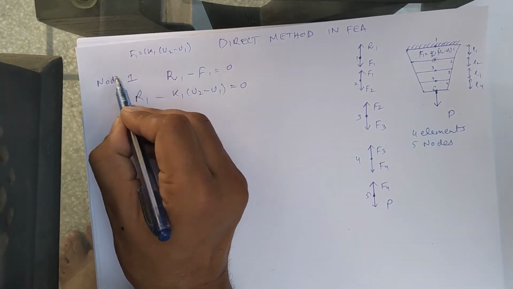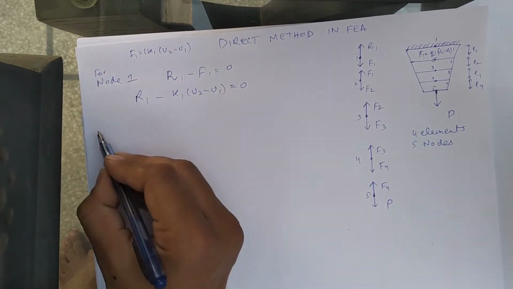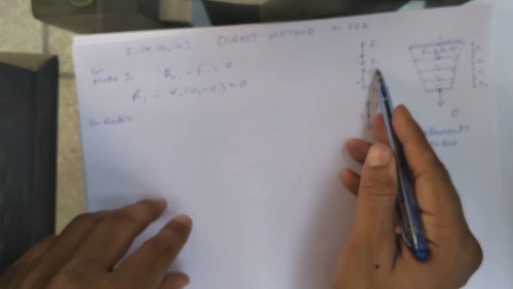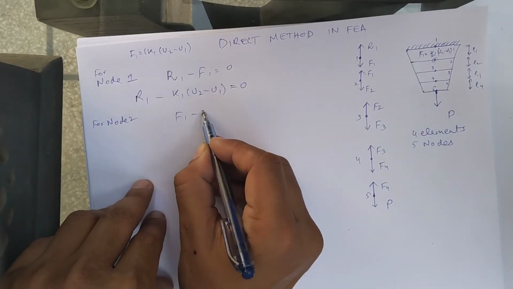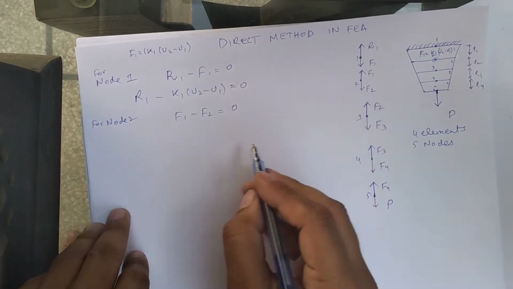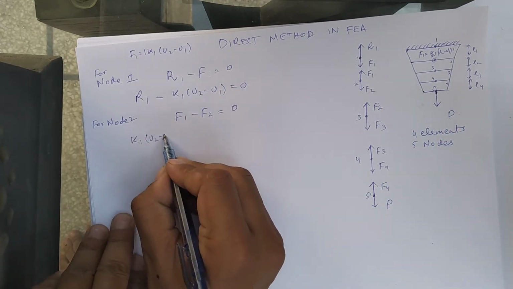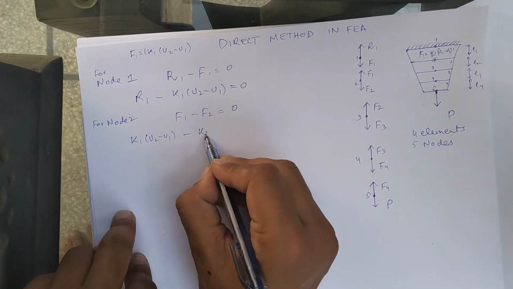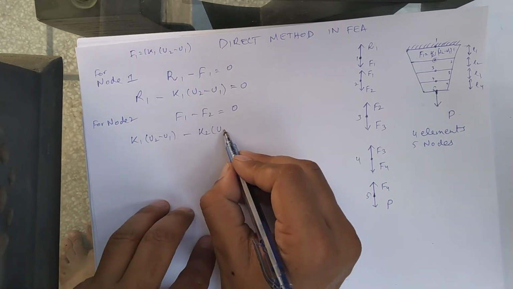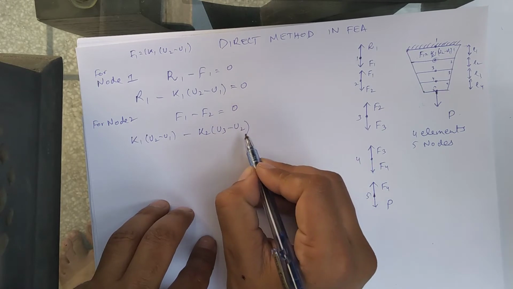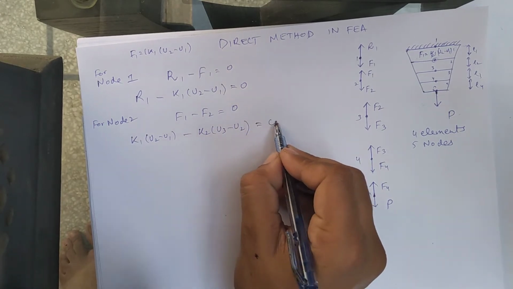Now for node 2, we have the equation F1 minus F2 equals 0. So that will be K1 times U2 minus U1 minus K2 times U3 minus U2, equal to 0.